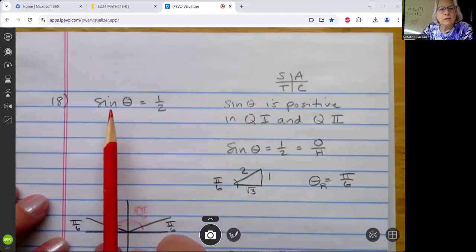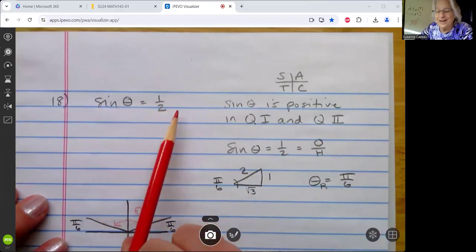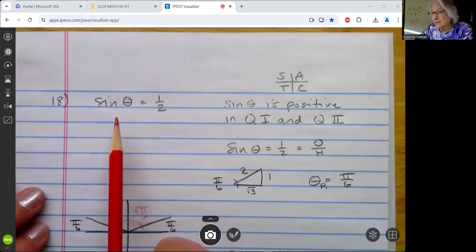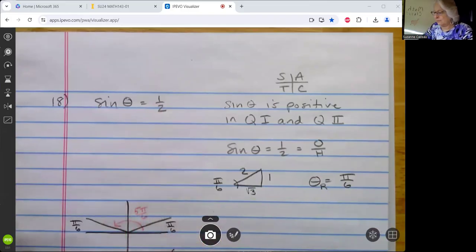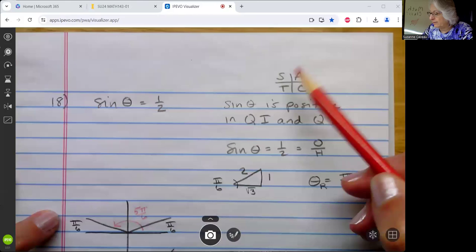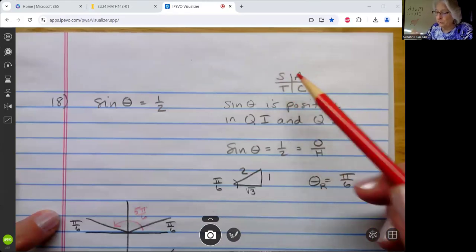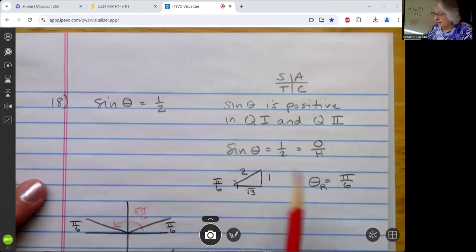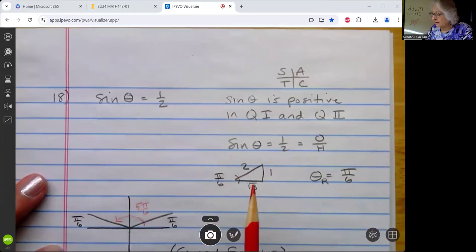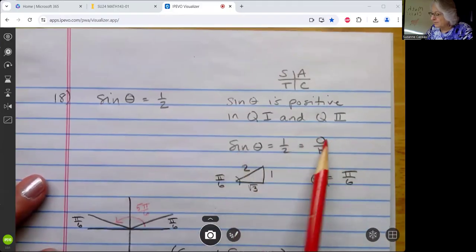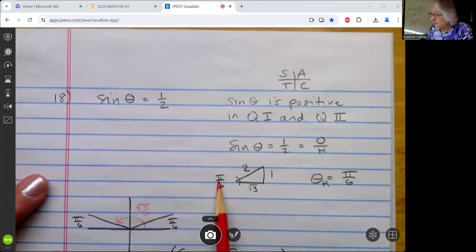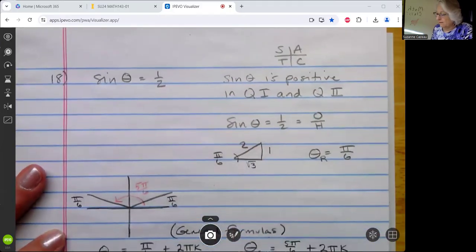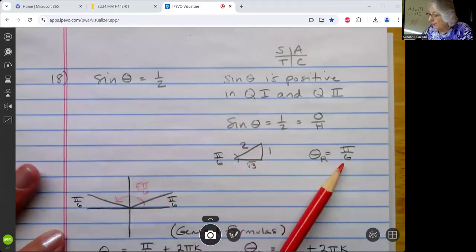When I think about sine of theta equals 1/2, sine is positive in two different quadrants: quadrant 1 and also quadrant 2. Opposite over hypotenuse, this is going to be the pi over 6 triangle. I recognize that, so my reference angle is pi over 6.